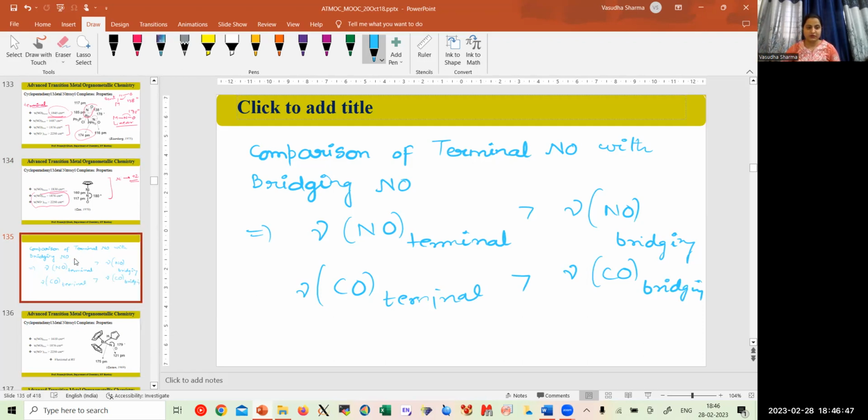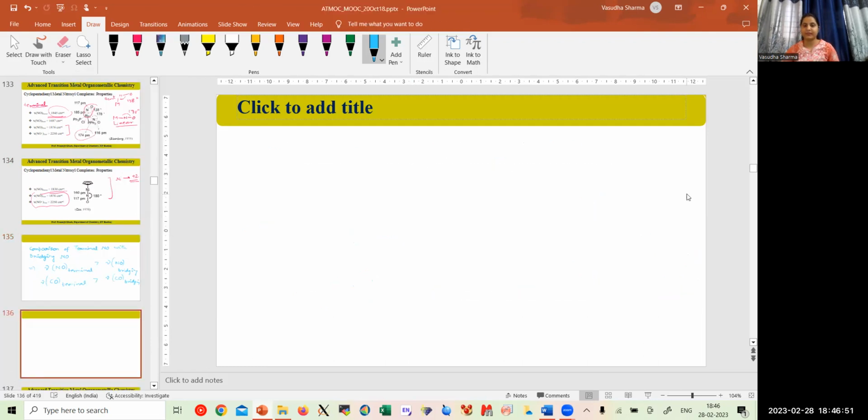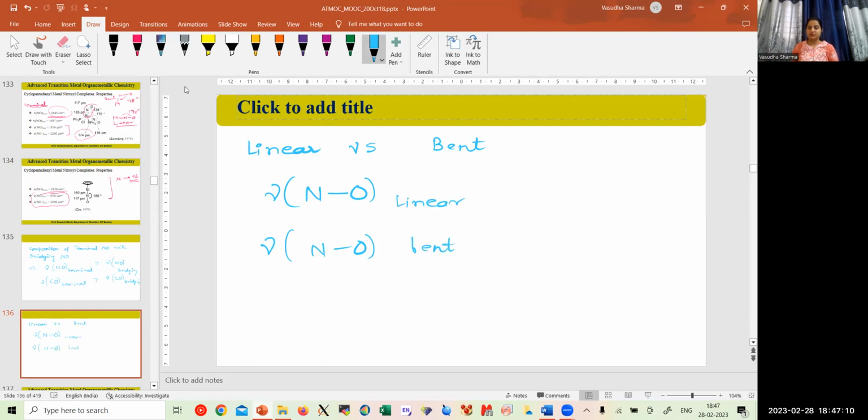Whereas if we compare a similar trend, linear versus bent, again the linear one has more frequency compared to bent.